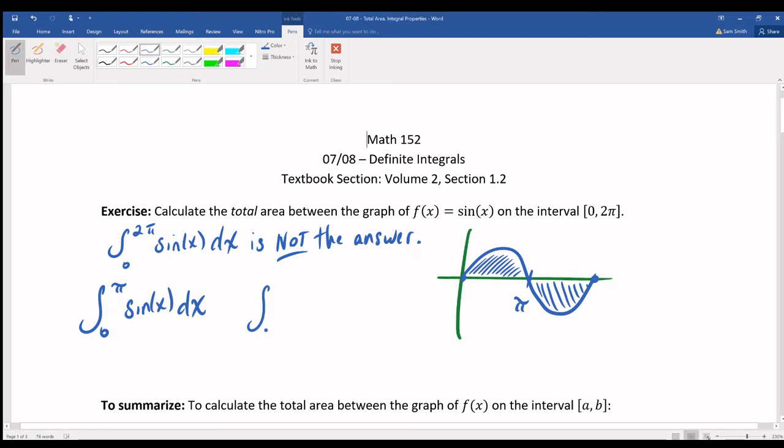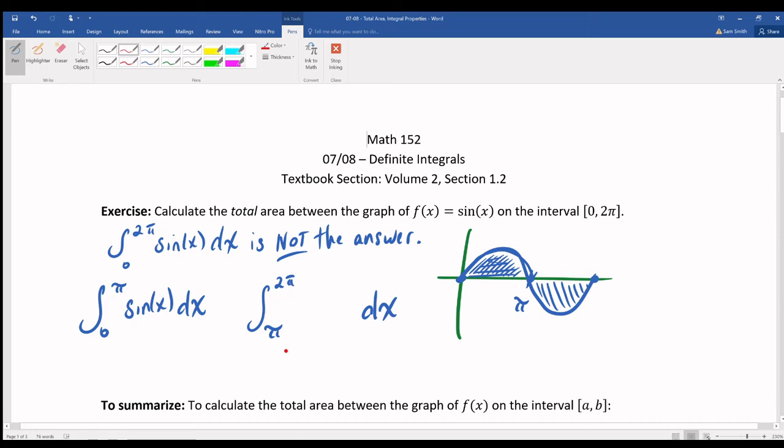One integral I will take from 0 to pi, and the next I will take from pi to 2 pi. In the case that the function is above the x-axis, so that the definite integral would give me the correct result, I will just take the integral of the given function sine of x.